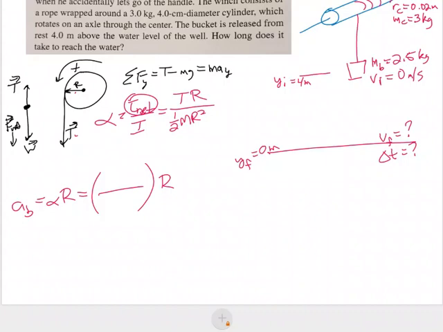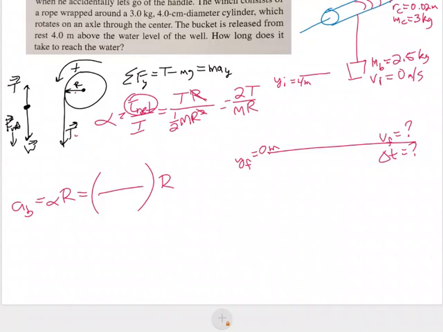So now let's simplify this up top. We have R divided by R squared, so that would be done, right? Then the 1/2 on the bottom becomes 2 on the top. So we have 2T on top and then MR on the bottom. Okay with that?